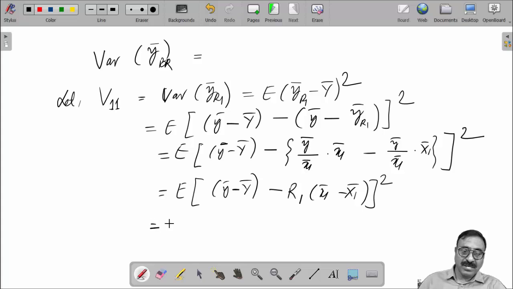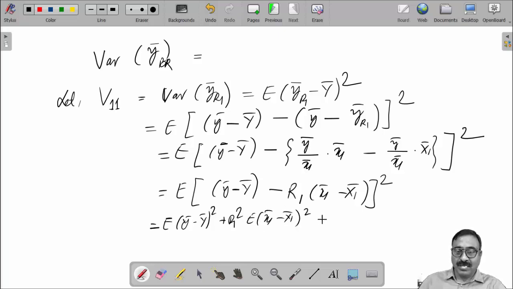So this is equal to expectation of (y bar minus Y bar) whole square plus r1 square expectation of (x1 bar minus X1 bar) whole square minus 2 r1 expectation of (y bar minus Y bar) into (x1 bar minus X1 bar).